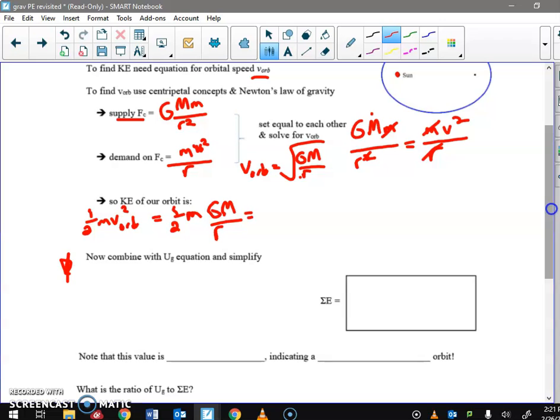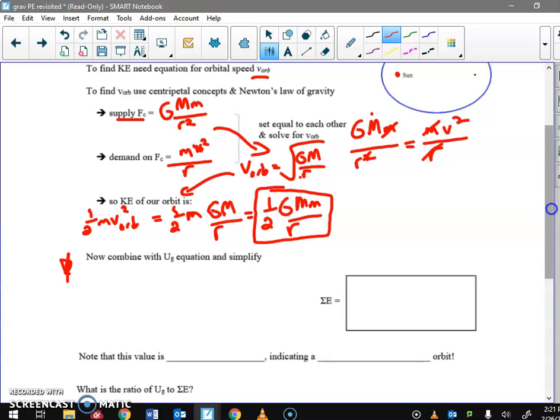And if I combine that, I get 1/2 G mM over r. That kind of looks familiar. So there is one way. That's always going to be the equation for the kinetic energy of an object in orbit. Always.